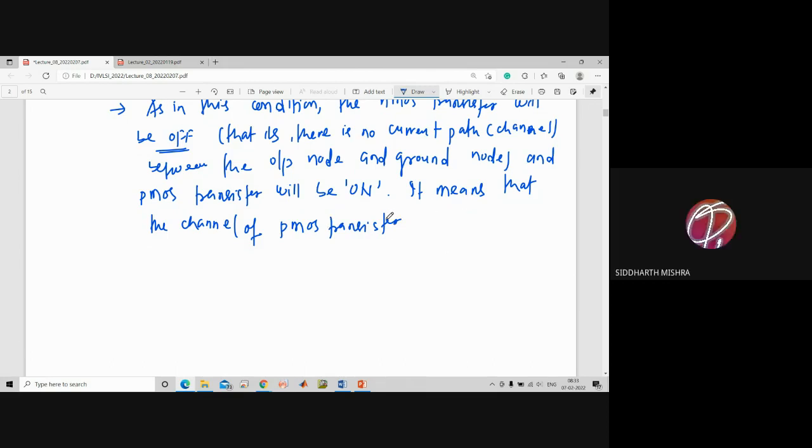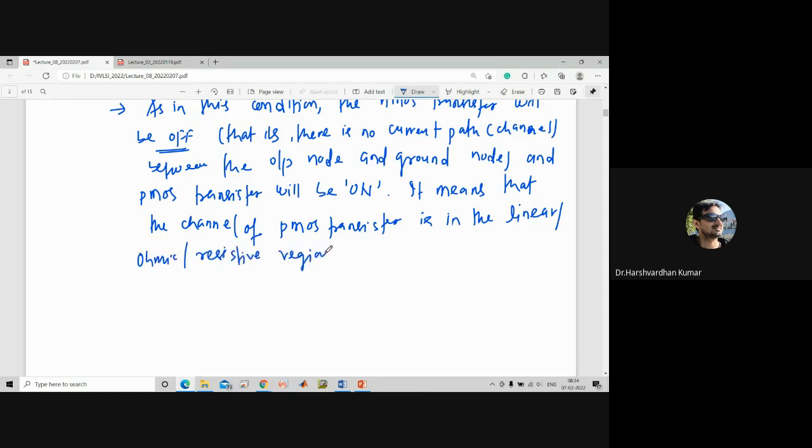Here you can see it is in the ohmic region, the linear region. So the channel of the PMOS transistor is in the linear region, and the linear region is also known as the ohmic or resistive region.